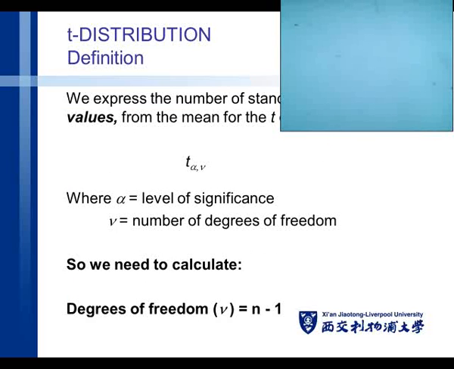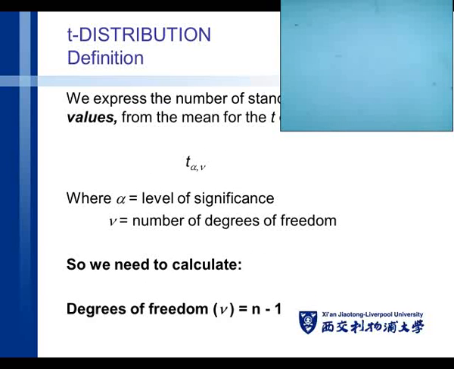So, to look up the values on the t-distribution, you basically need two things: one, the critical value, the probability that is more or equal to, and then the degrees of freedom, which we talked about before. Remember, that was a small issue in terms of the textbook, which is not consistent with other textbooks.